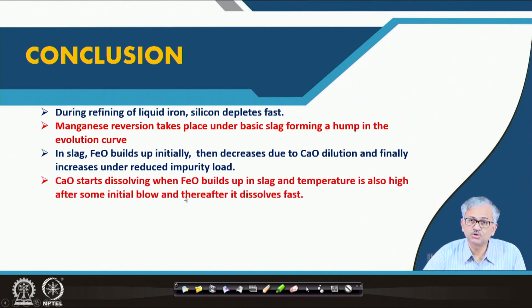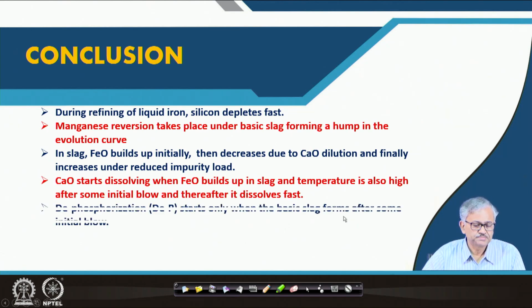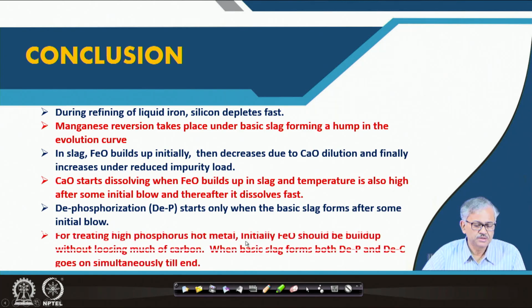The CO starts dissolving when FeO builds up in the slag, as well as when the slag has some temperature. So, after some initial blow, you can have the FeO build up and temperature, and then the CO starts dissolving, and thereafter it dissolves at a very fast rate. And dephosphorylation starts only when the basic slag forms after some initial blow, right.